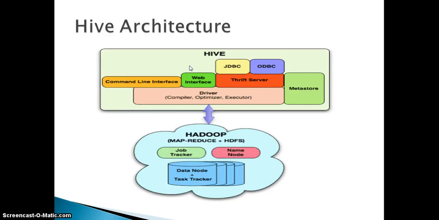The compiler converts your HQL query into MapReduce, the optimizer optimizes when there is scope for optimizing your query, and the executor is the one which launches your MapReduce jobs in the background. As soon as your MapReduce jobs are launched, all the daemons like job tracker, task tracker, name node, and data node will come into the picture. That's the reason why we call Hive a data warehouse running on top of Hadoop.